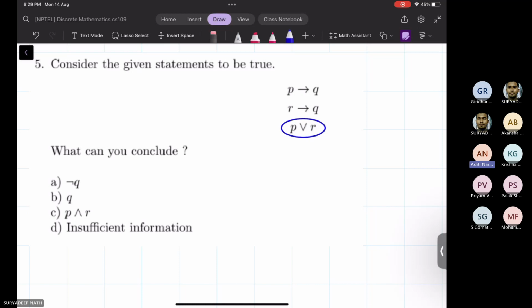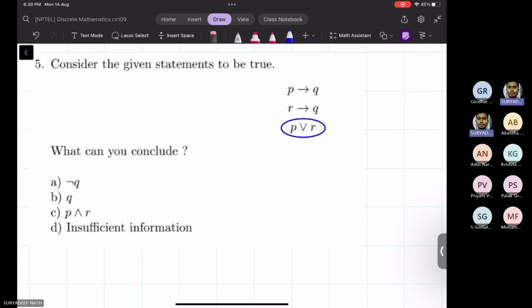And in the next it is given negation R union Q, and in the last it is given P union R. It is true. So if P and R they both are true, then negation P will become false. And false union false is always false. So false union true can only be true. So Q must be true.